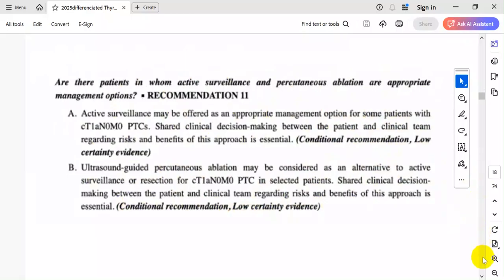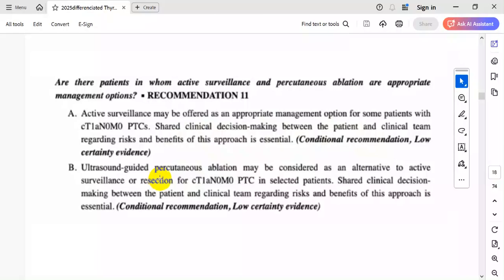Here, are active surveillance and percutaneous ablation appropriate management options? Active surveillance may be offered as an appropriate management option for some patients with T1 N0 M0 papillary thyroid cancer, and shared clinical decision making between the patient and clinical team regarding the risks and benefits of this approach is essential.